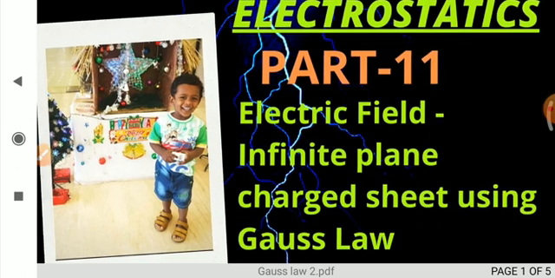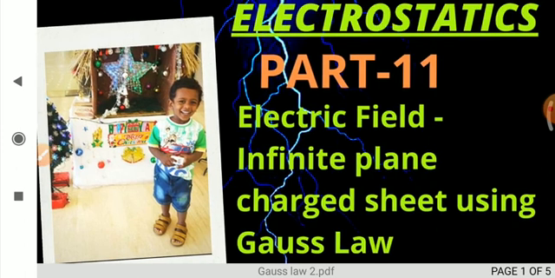First, in this video, the 11th part of electrostatics, what is the topic we are going to discuss? In this video, we are going to discuss the electric field due to an infinite plane charged sheet. In general, we know the formula for the electric field due to a point charge.